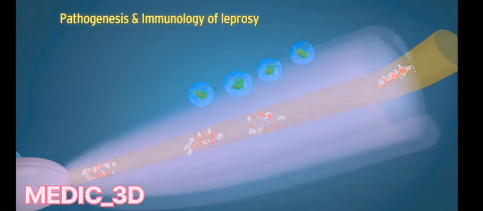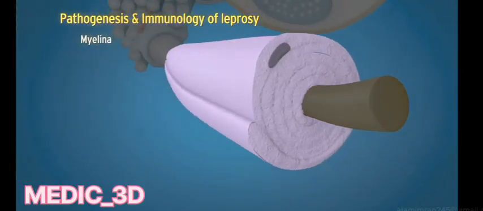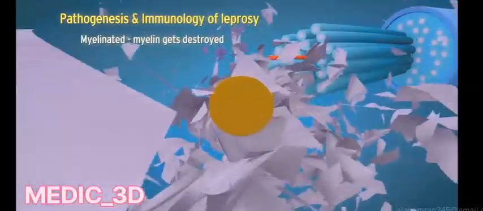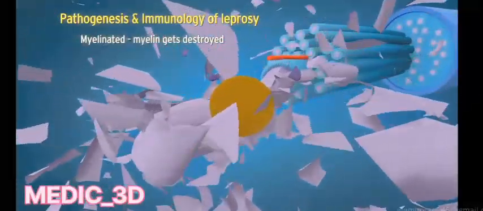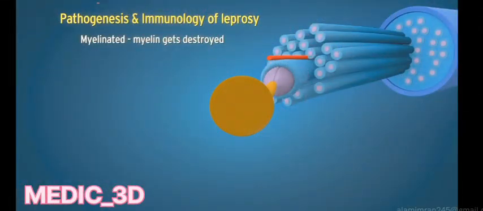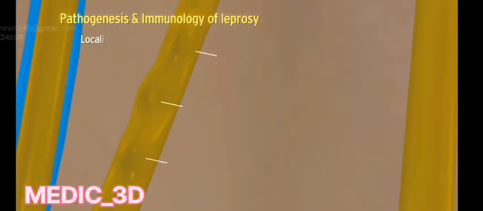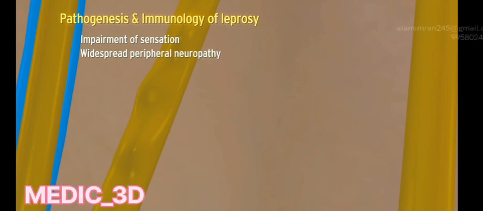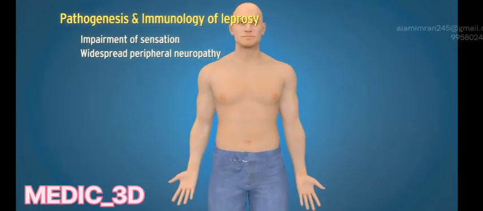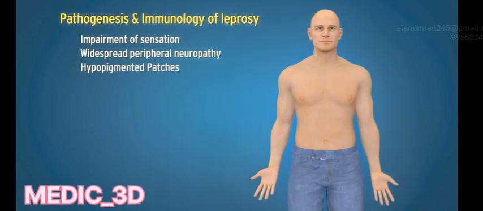If the nerve fiber is myelinated, the myelin sheath gets destroyed, which is manifested as localized protrusions on the peripheral nerve. This results in impairment of sensation and widespread peripheral neuropathy, which can externally manifest as various skin lesions such as hypopigmented patches or nodules.